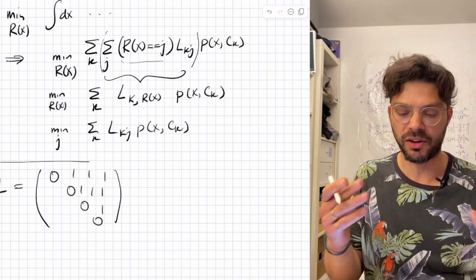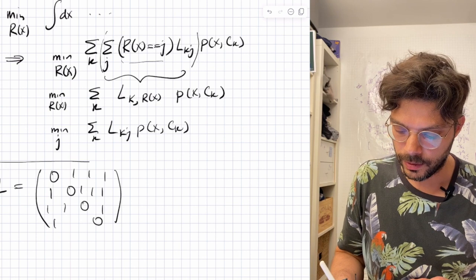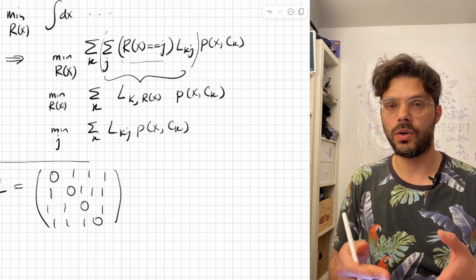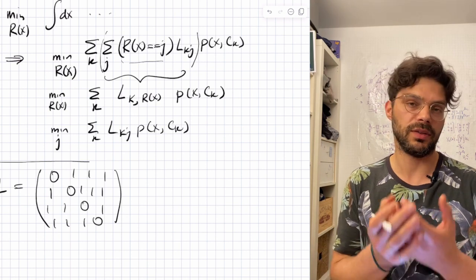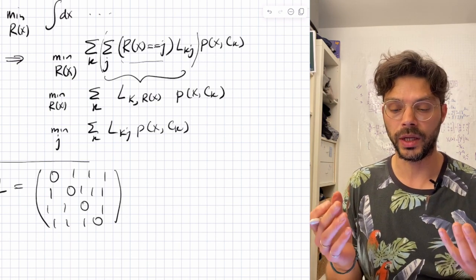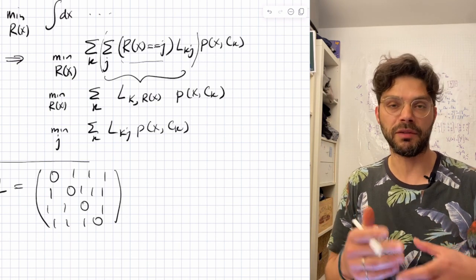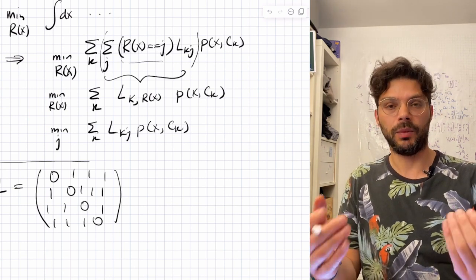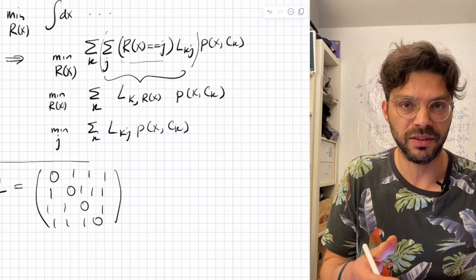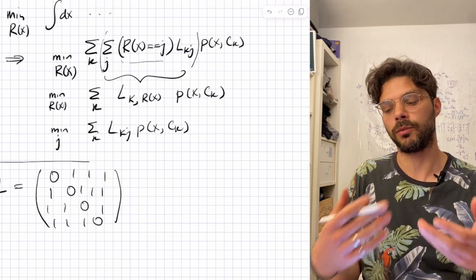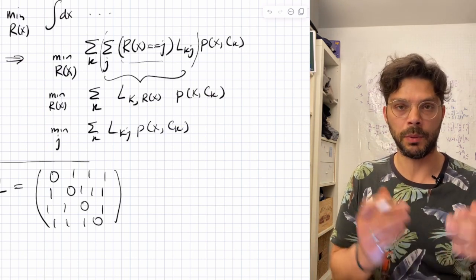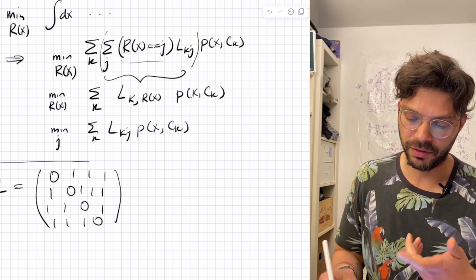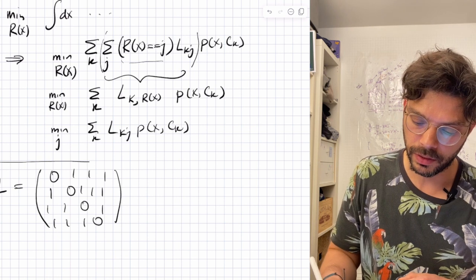It doesn't have to be 1, but it just has to be the same value. We'll just assume it's 1. So in this setting, any misclassification is weighted equally. We have the flexibility of weighting them differently, but we can also just weight them all the same. And what I want to show you is that this gives us the same rule that we found last time when we were minimizing the misclassification rate.